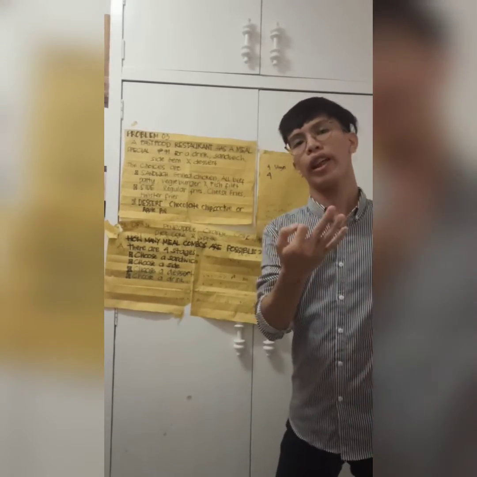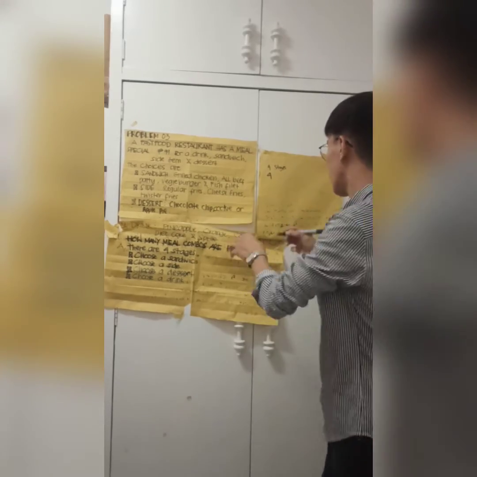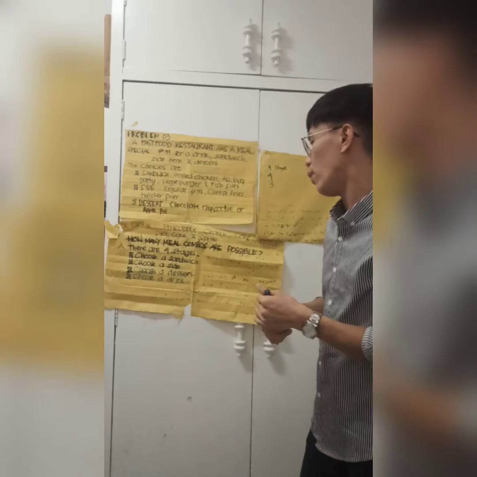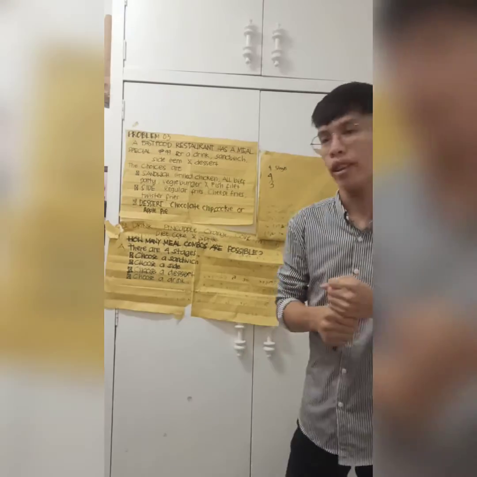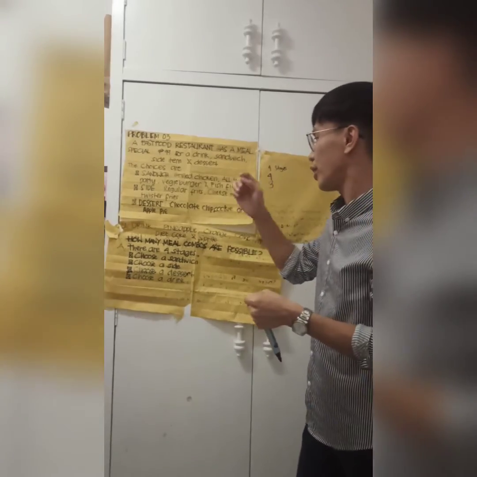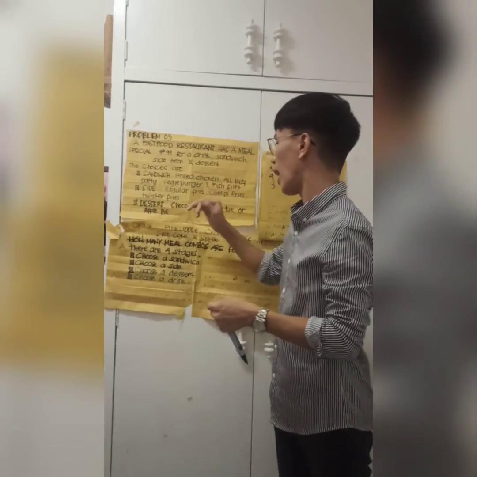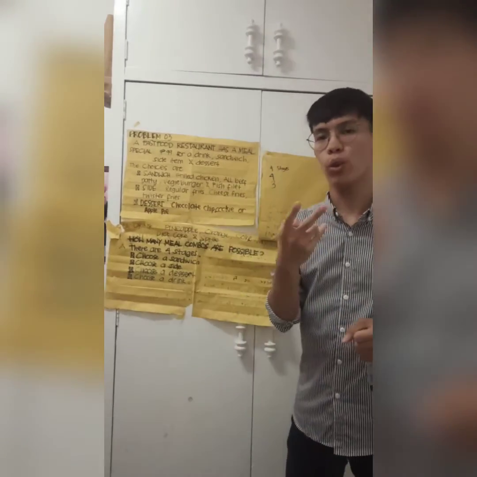That will be 3 choices. Now, we will move to our dessert, which is chocolate chip cookie and apple pie. That will be 2.